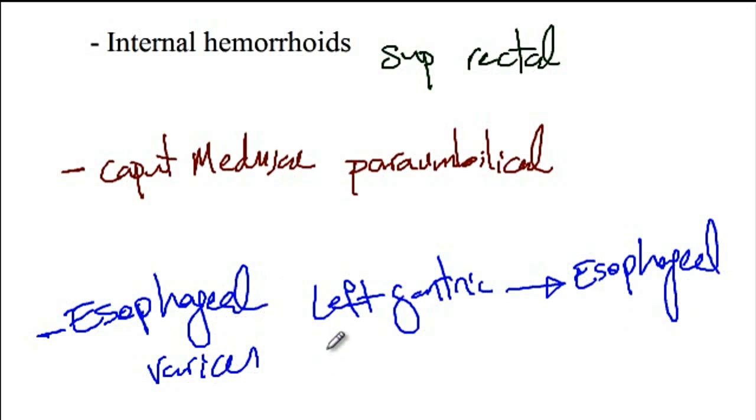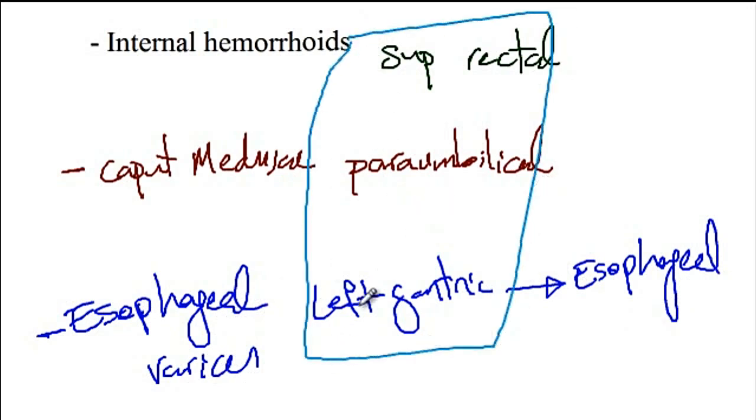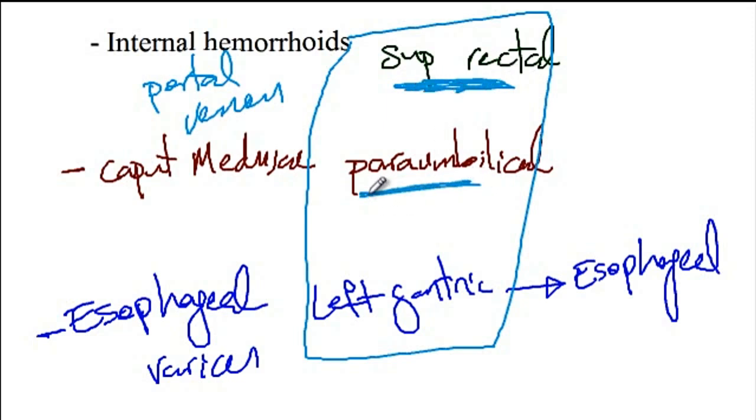So as a last point for this video, it's important for you to know that the superior rectal, paraumbilical, and the left gastric veins are part of the portal venous system, and thus due to the portal hypertension, internal hemorrhoids, caput medusa, as well as esophageal varices can develop.